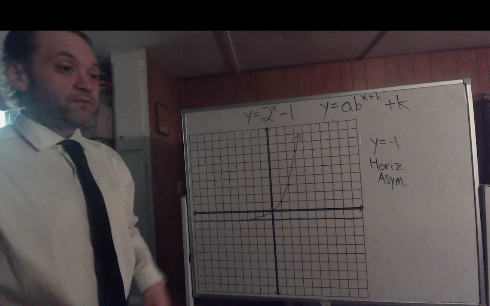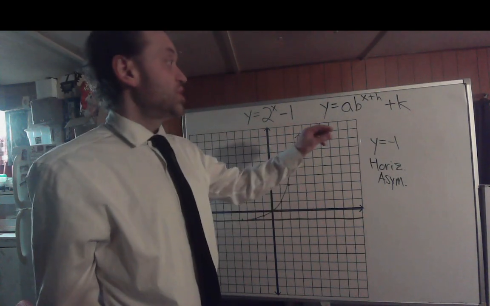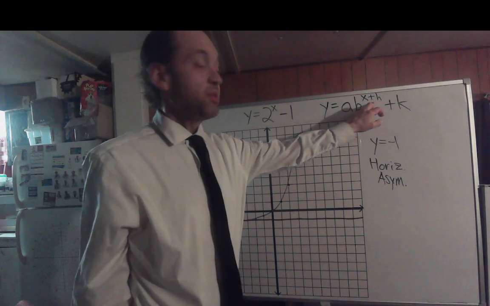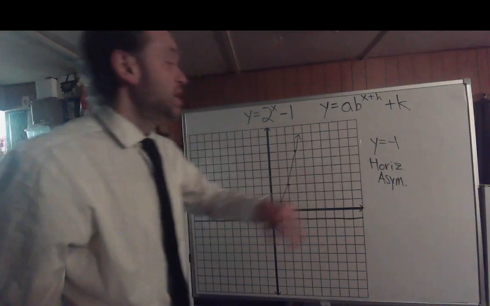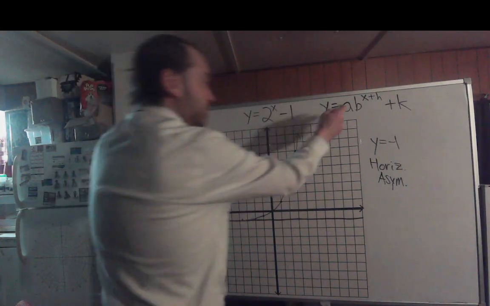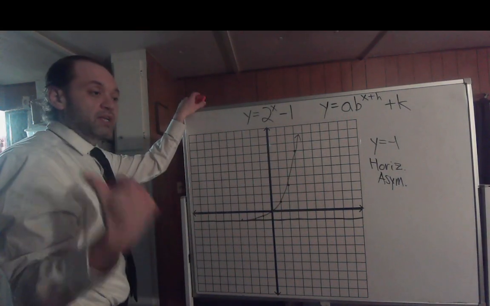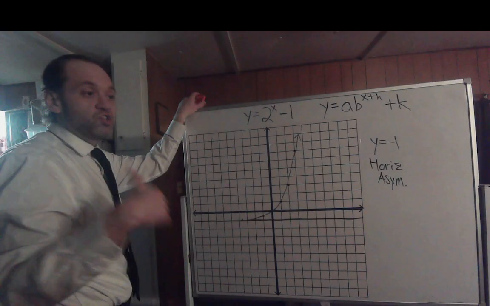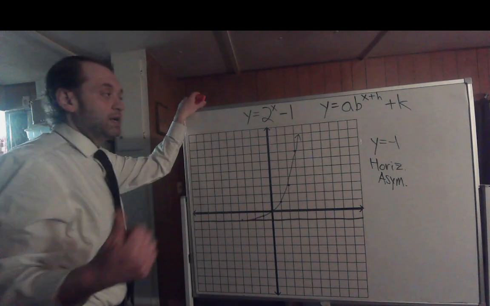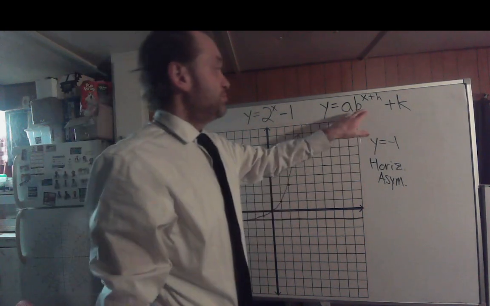So now the full form of an exponential function is y equals a times b to the x plus h power plus k, where a is some coefficient on the exponential function, usually a shrinking or stretching factor, and we'll even talk about a negative a in a minute. And then this b is your base.